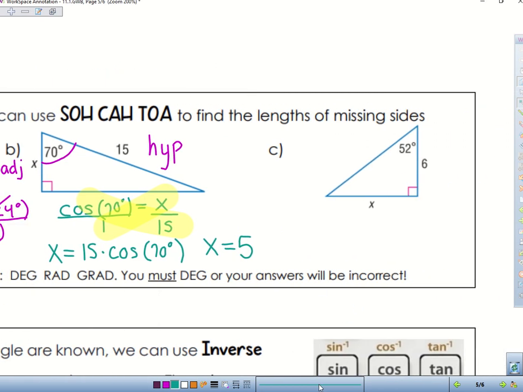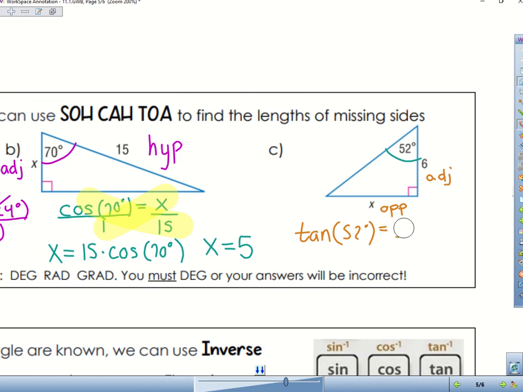This one, this is opposite. This is adjacent, so I'm going to use the only one left that we haven't used yet, tan. Tan of 52 is equal to adjacent over opposite. Oh wait, I did it backwards, didn't I?